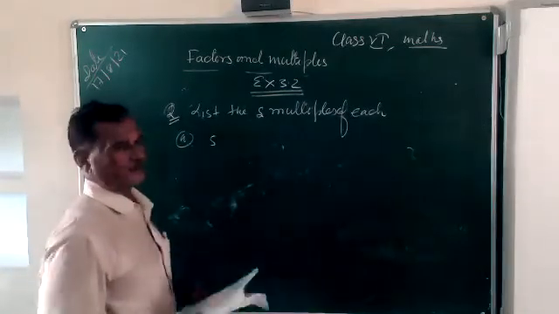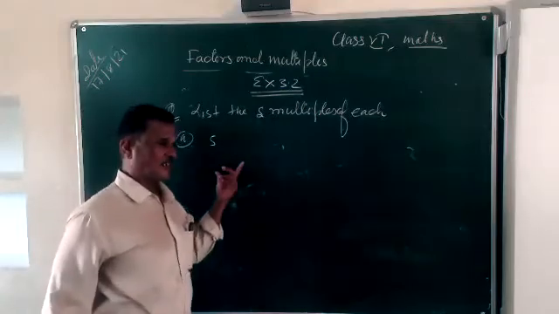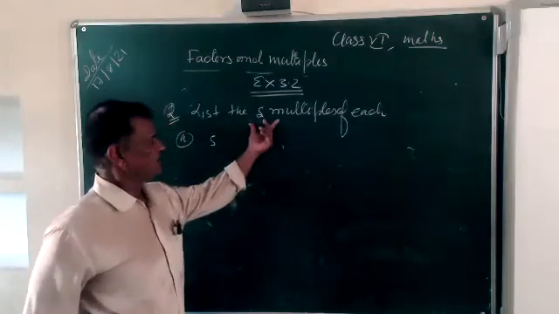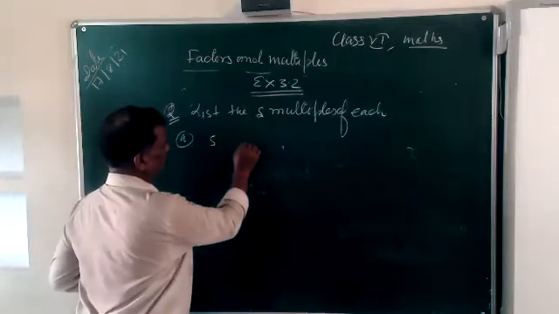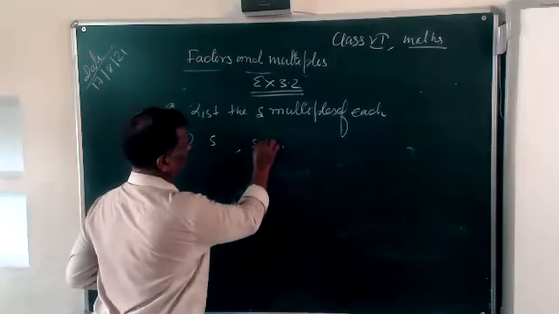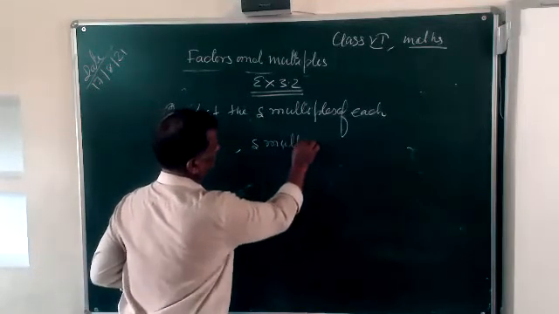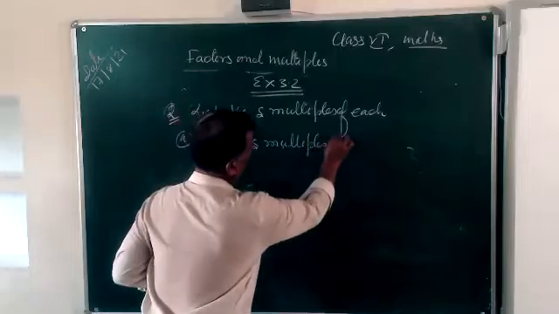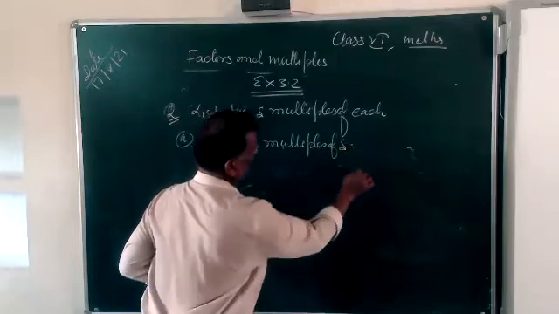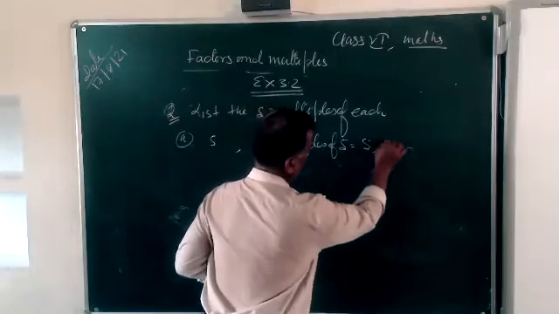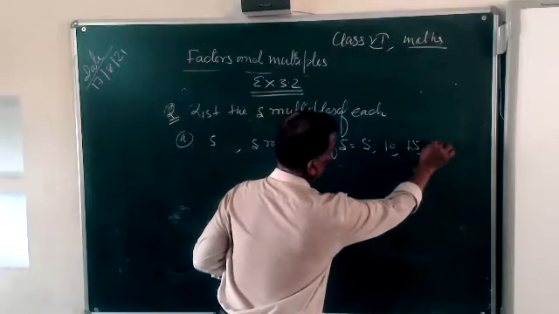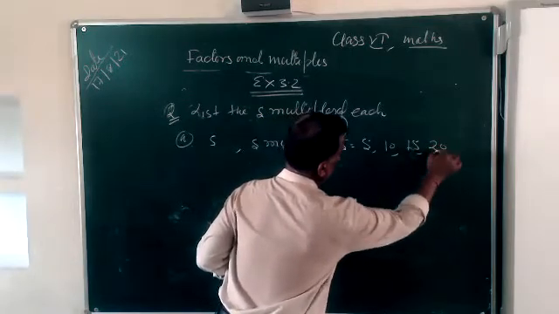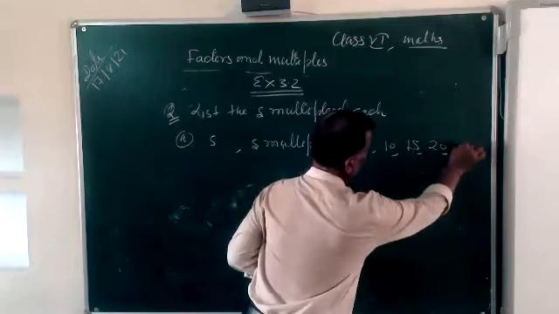So read the table of 5 and get the 5 multiples of 5. 5 multiples of 5 are 5 1 are 5, 5 2 are 10, 5 3 are 15, 5 4 are 20, 5 5 are 25.